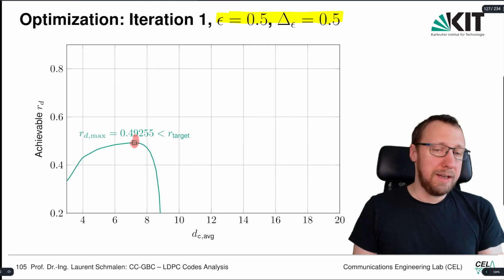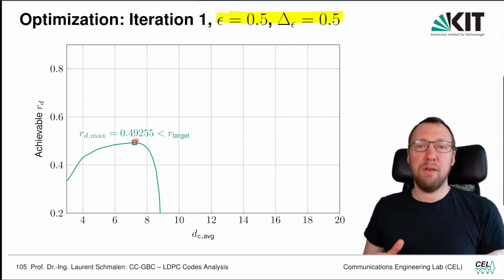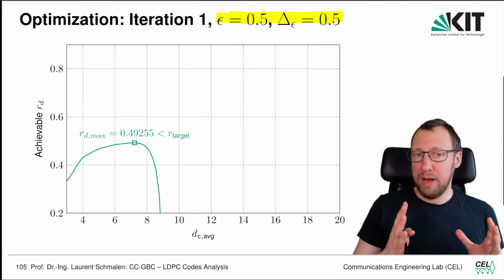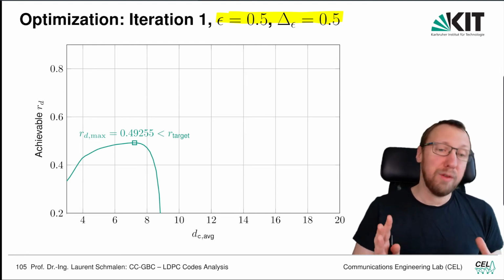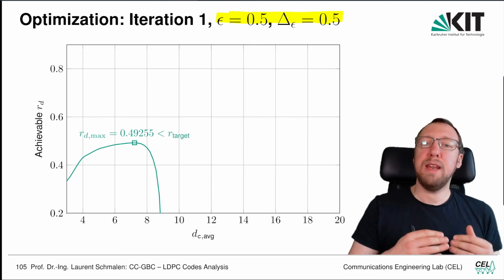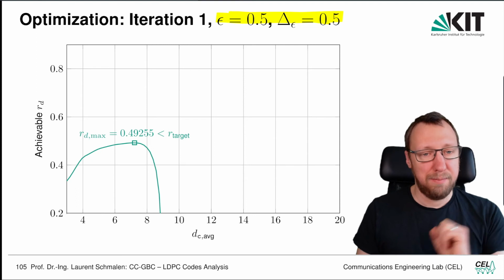So this rate is smaller than the target rate, which means our channel is too bad. Our target rate was 0.7, but we cannot fit that into our code. So we need a better channel, which means we need to decrease epsilon.